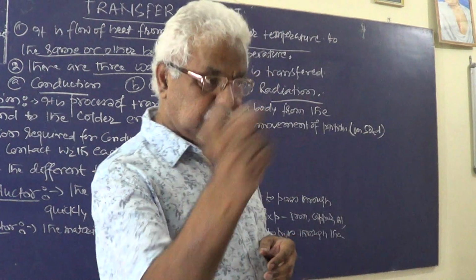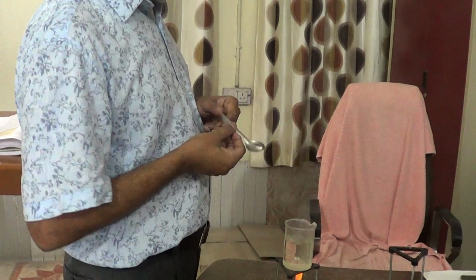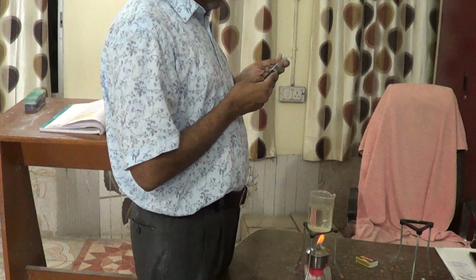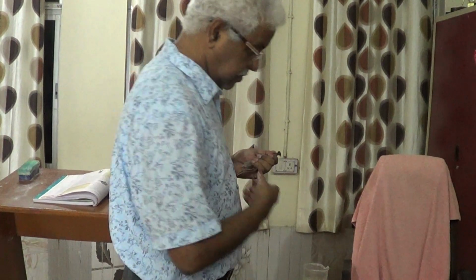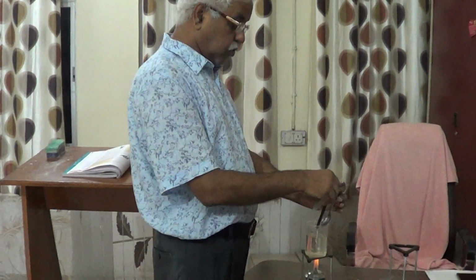Again I will show you the activity, just see. Now students, it is a spoon, it is a glass rod, it is a syringe, and it is a pen. I am putting all into this.